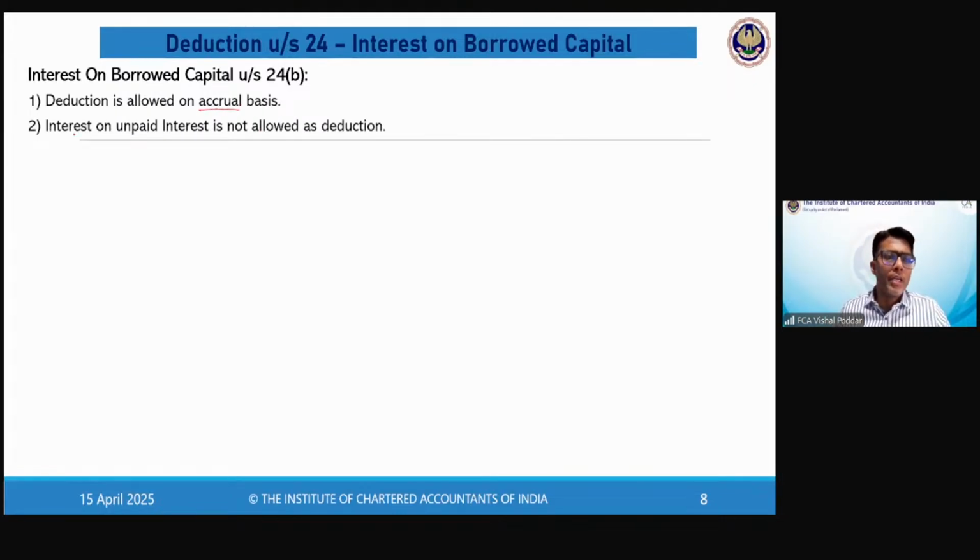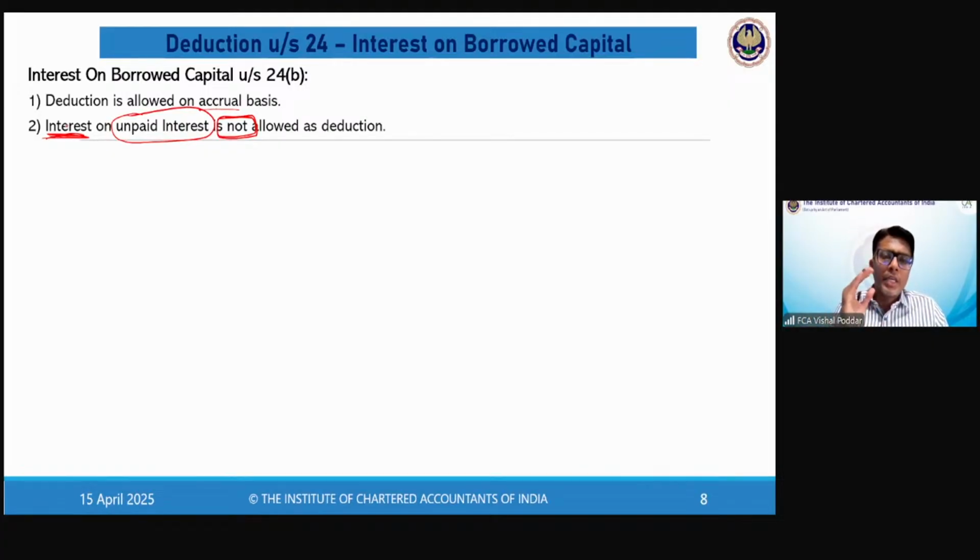Next, interest on outstanding interest is not allowed as deduction. So only the interest on the original principal is allowed as deduction. If you default in payment of any installment and hence there is interest on interest, because now the outstanding interest also becomes your principal, what happens generally in case of any banking scenario, you will not be allowed deduction for this additional interest.